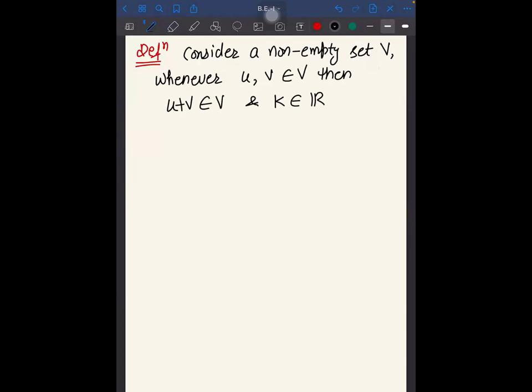At this point of time, k is a real number. That's what you assume. And if k belongs to the real numbers, for any k belonging to R, k times u also belongs to V, then V is called a vector space.